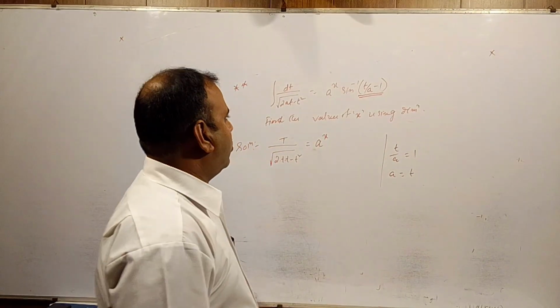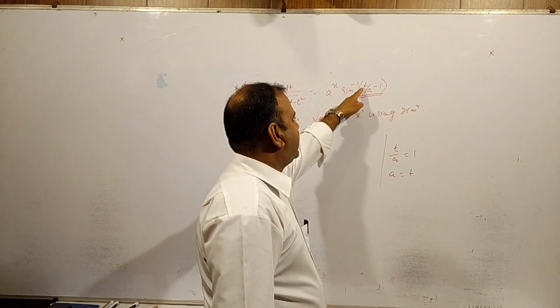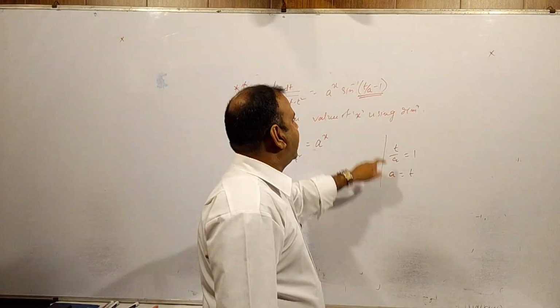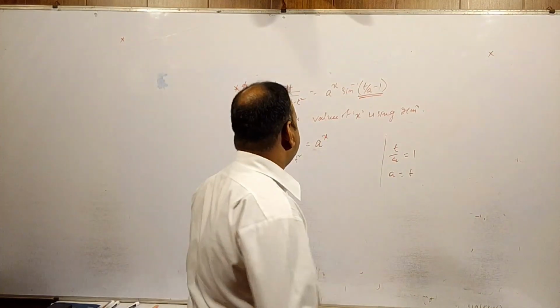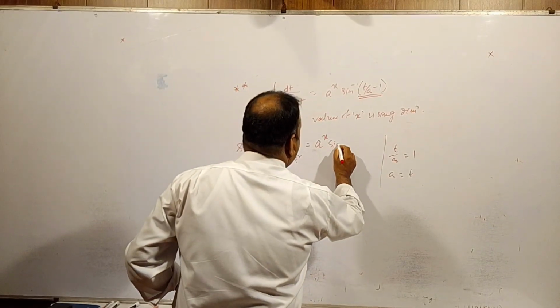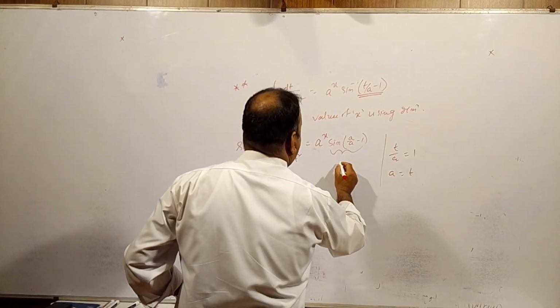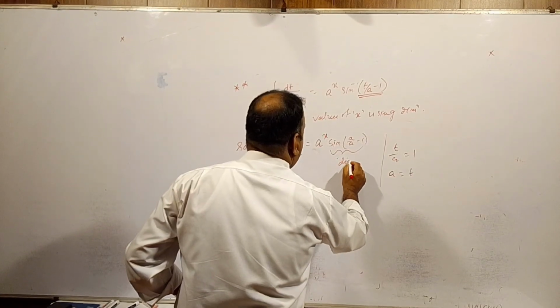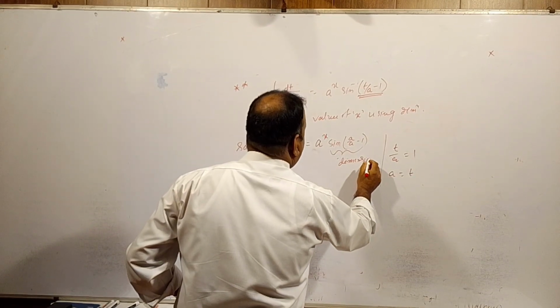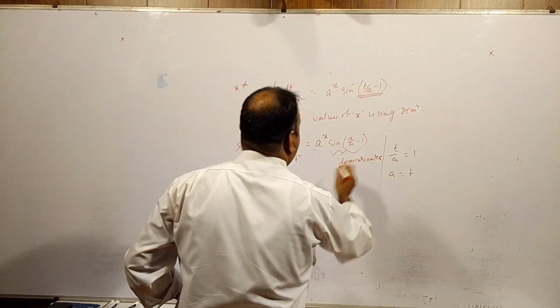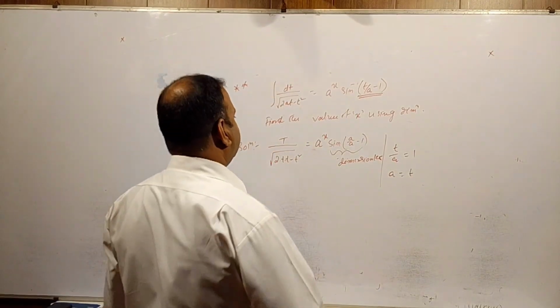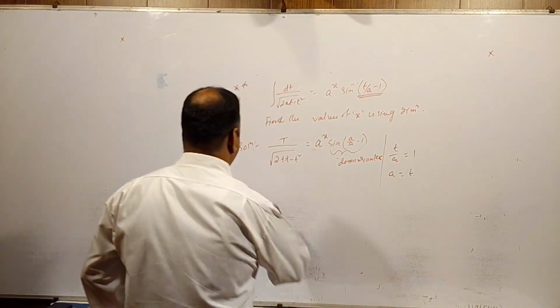Now you remember, when you put the value of t instead of a by a, we can write like this, using t by a minus 1, so this term will be a dimensionless quantity. That is why this term will be neglected.